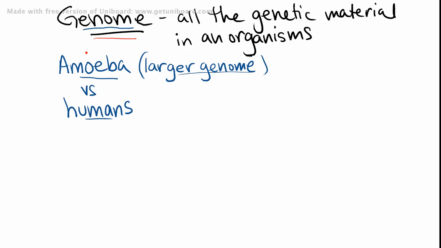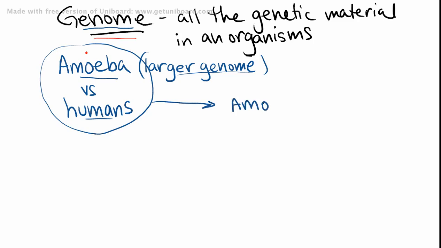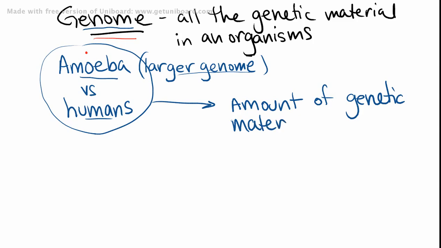Now, what was the point of talking about this? The point was this, that amount or number of genes or amount of the genome or amount of genetic material is not related to organism complexity. And what that means is you don't have to have a lot of genes to be special.